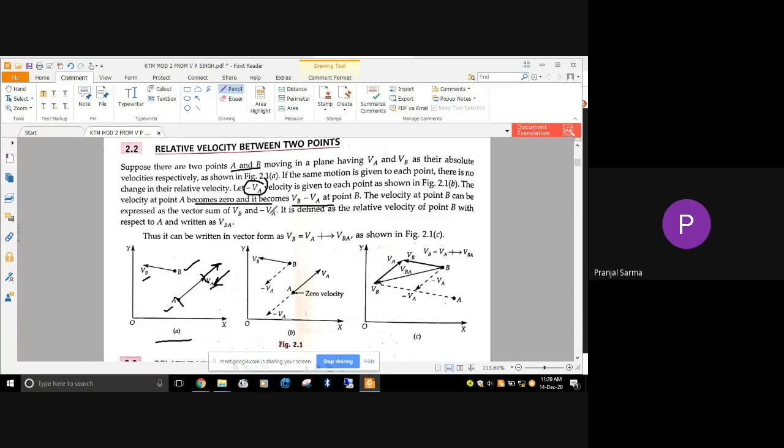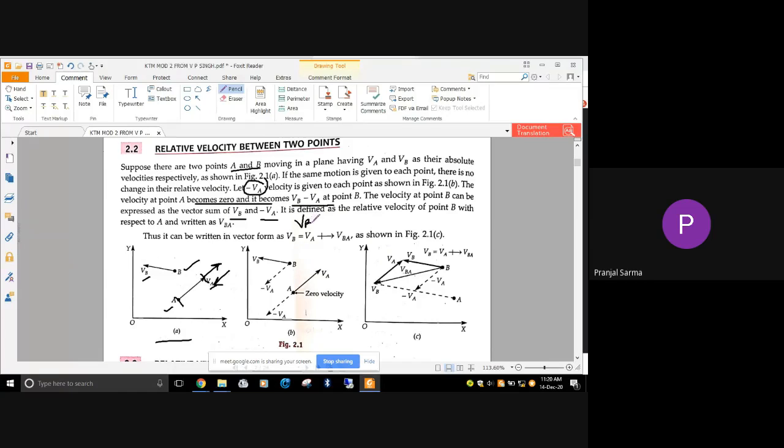That means the velocity of point B can be expressed as the vector summation of Pb and minus Pa. It is defined as the relative velocity of point B with respect to A, and we write it like that. Already we have discussed this.